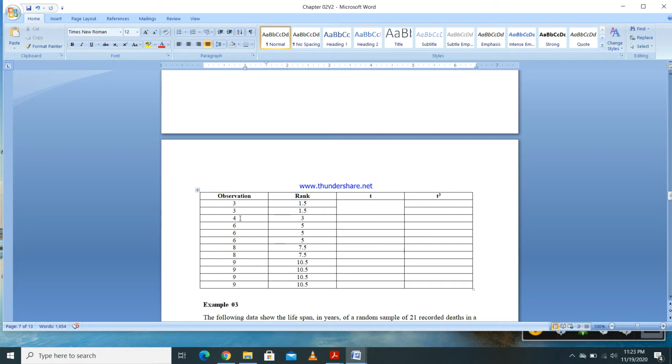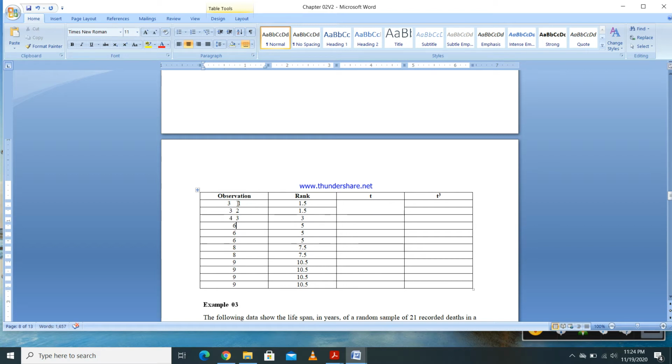The next largest value is 4, and we can give the rank as 3 because ranks 1 and 2 have already been used. That's how we got the rank 3 for the observation 4.